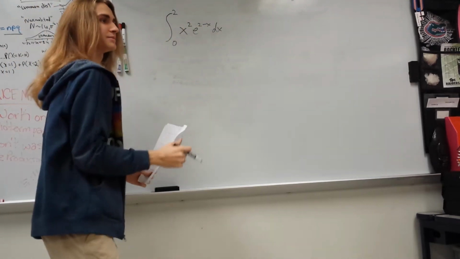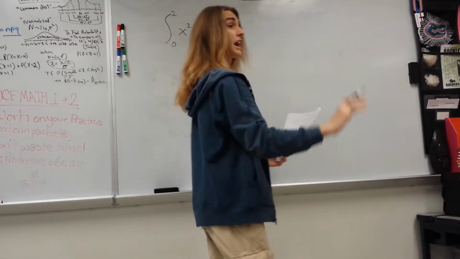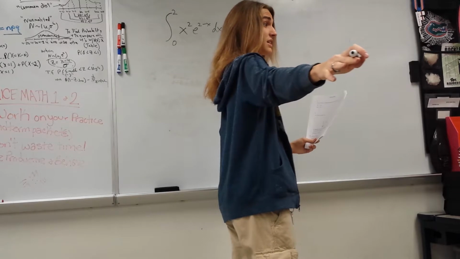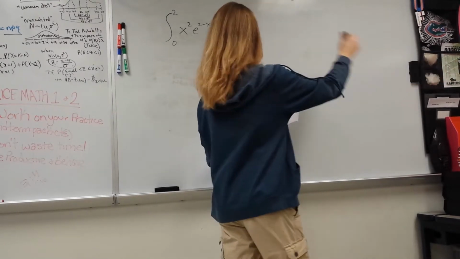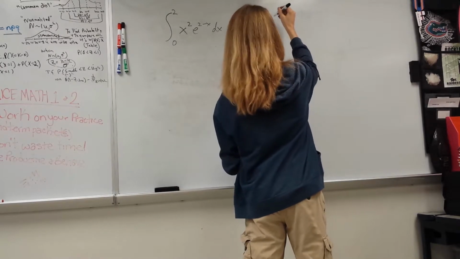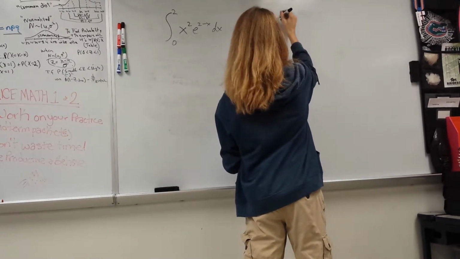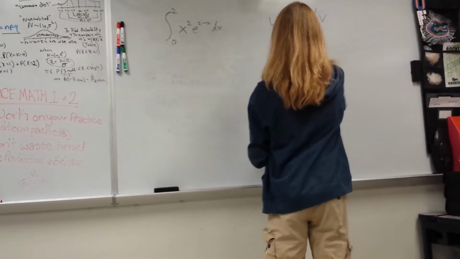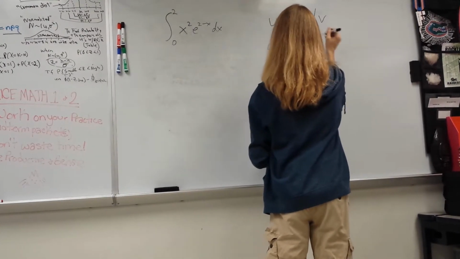I just did a problem like this with Nick, so I can't remember the chart. It's positive, negative, positive. The chart is U and DV. U, DV, and then we're going to find du and v.